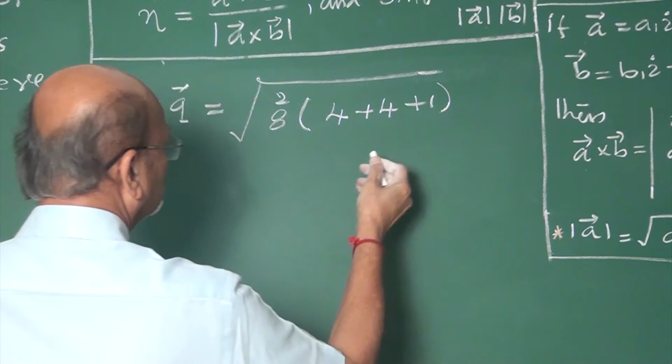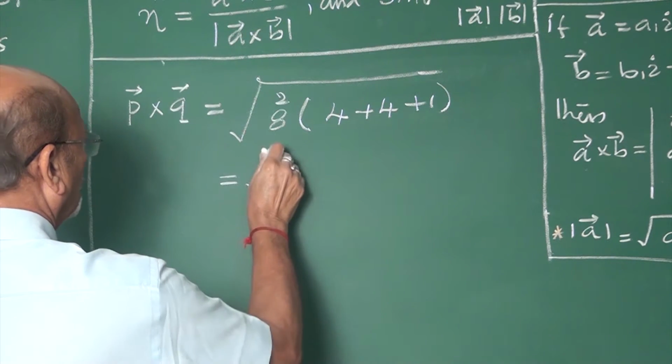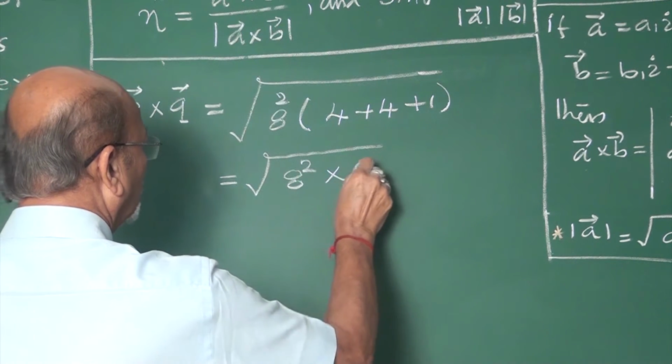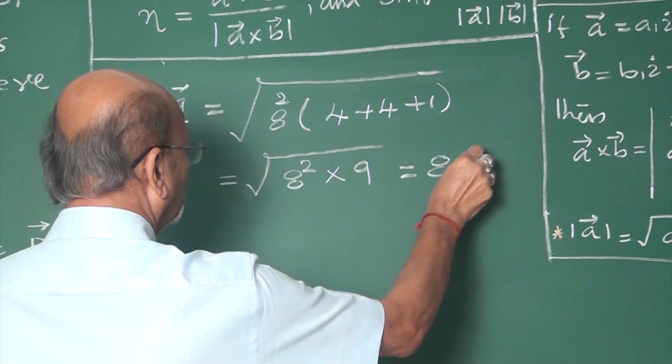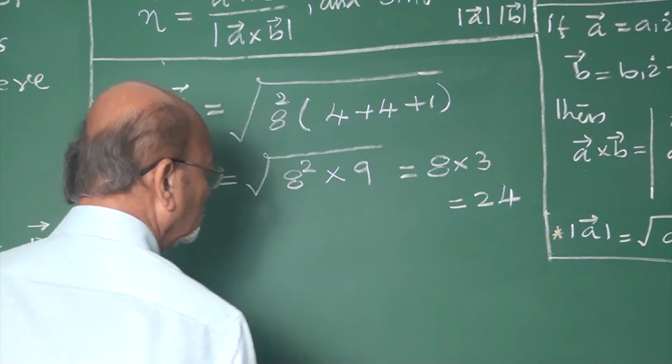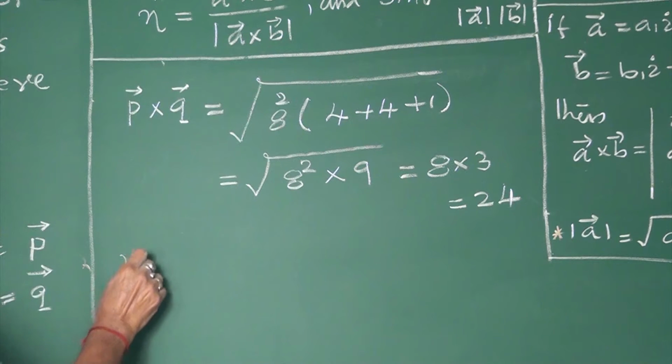This is the square root of 8 square into 9, which is 8 into 3. 8 into 3 is 24. Now, eta cap, it is understood.